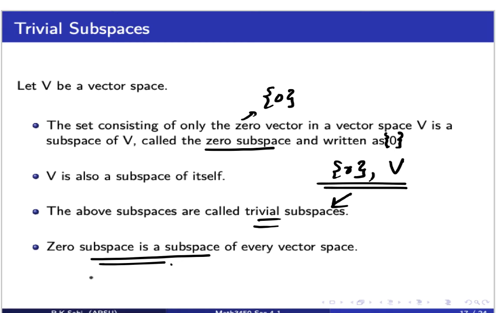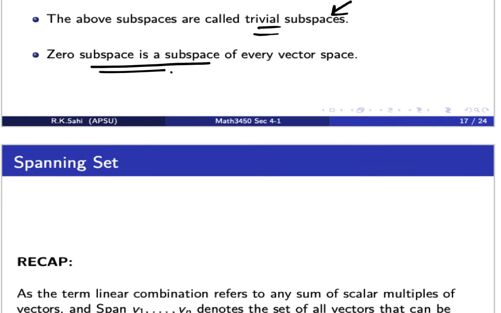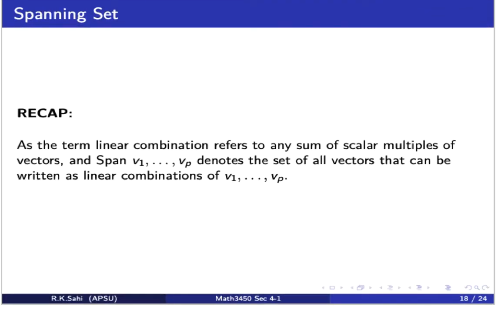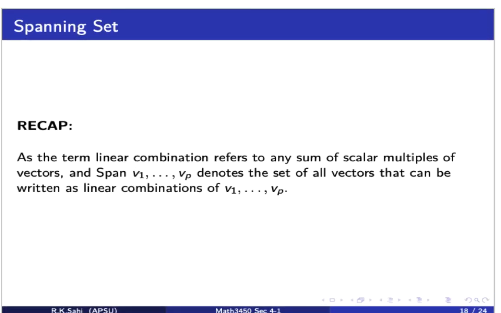Now we are going to go back to something we learned a long time ago, which was spanning sets. Now, remember, what is a spanning set? A spanning set is nothing but all possible linear combinations of the vectors which are in the set.